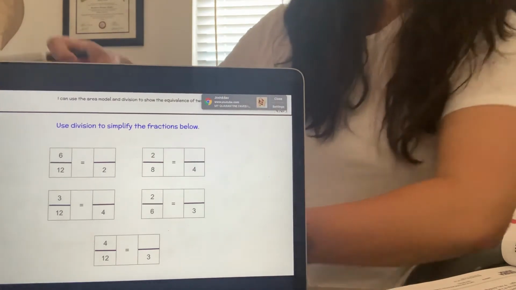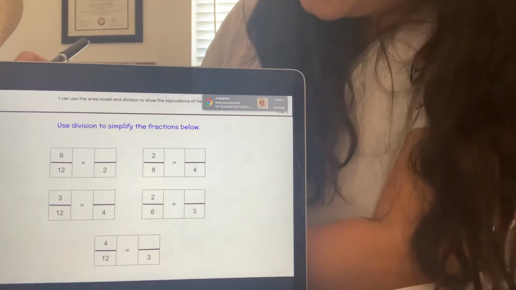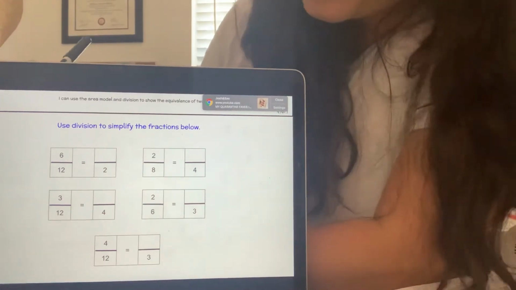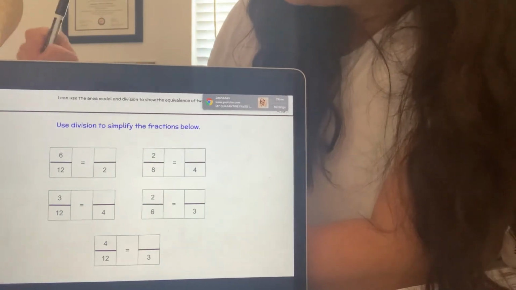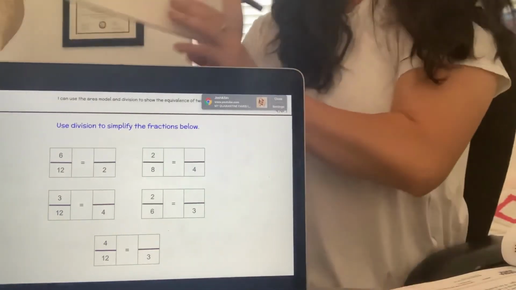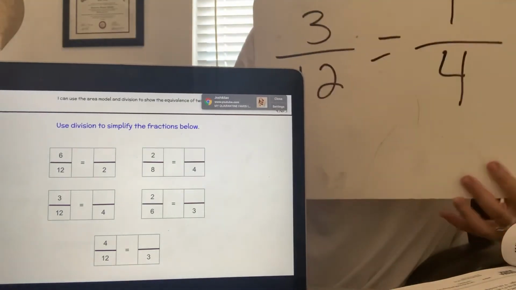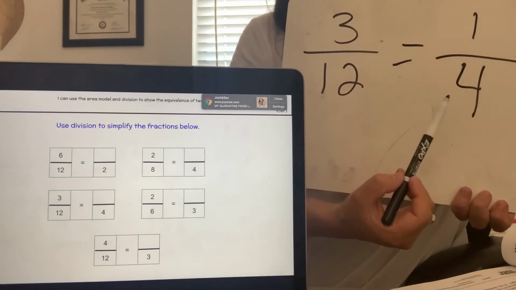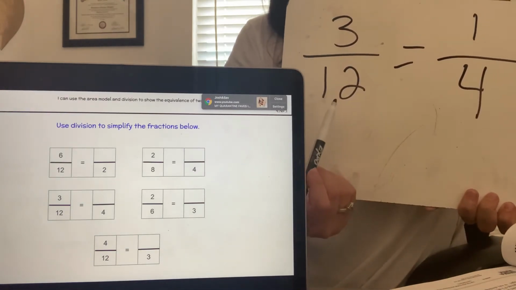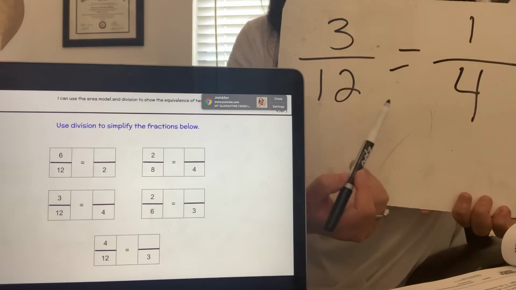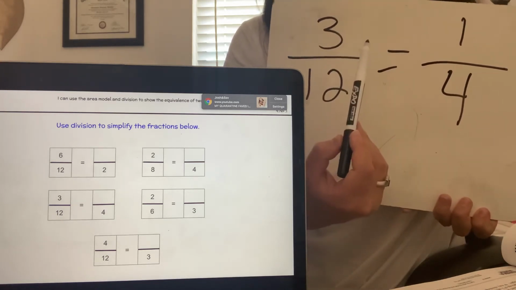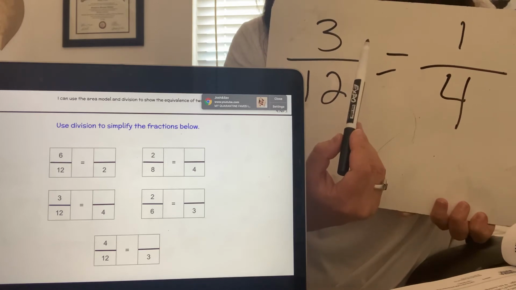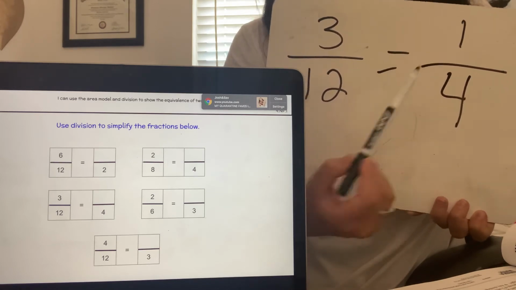So if they divided by 3 on the bottom, we better divide by 3 on the top, which would give us 3/12 is equal to 1/4, because we did 12 divided by 3 to get 4, and 3 divided by 3 to get 1.